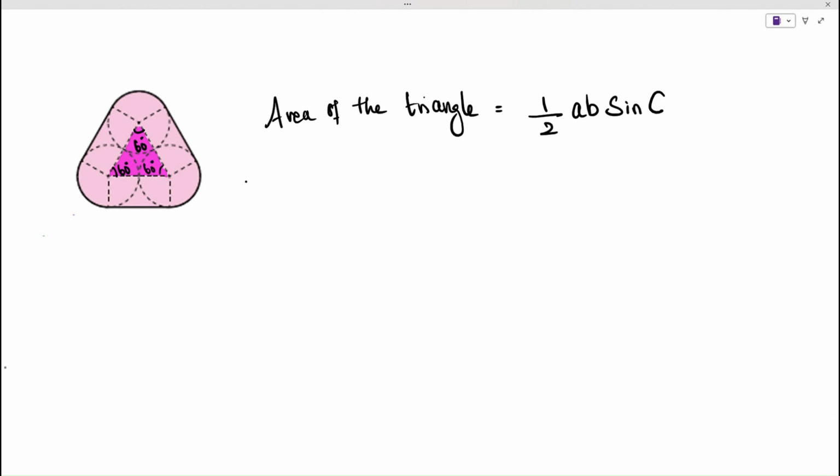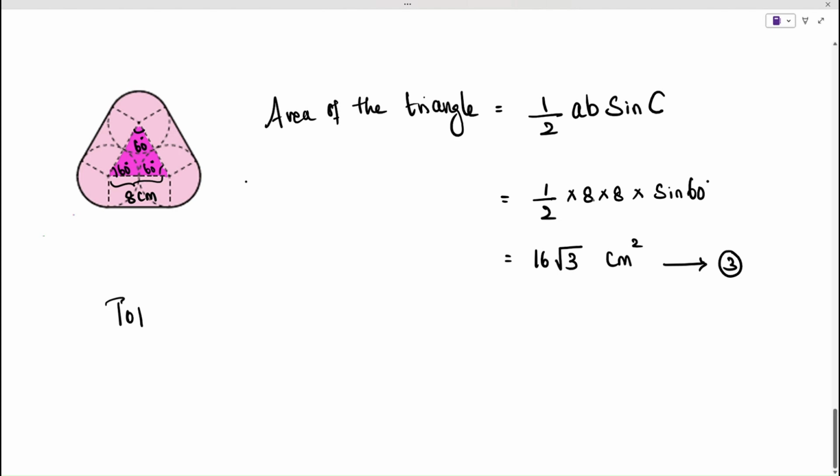So that's our value for C. And the lengths of the sides of an equilateral triangle are all the same. So we have that as the length of 2 radii, which is 8 centimeters for each side of the triangle. So if we substitute that into our equation, half times 8 times 8 times sine 60. And if we put that into our calculator, we get the value of 16 root 3 centimeters squared. And this is our third area.